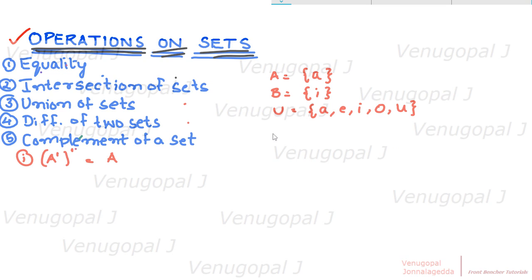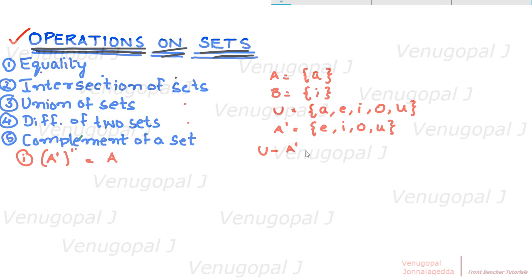We've seen that A complement is basically removing the common element, so we have E, I, O and U, and again finding its complement. So what I am doing is subtracting A complement from the universal set.